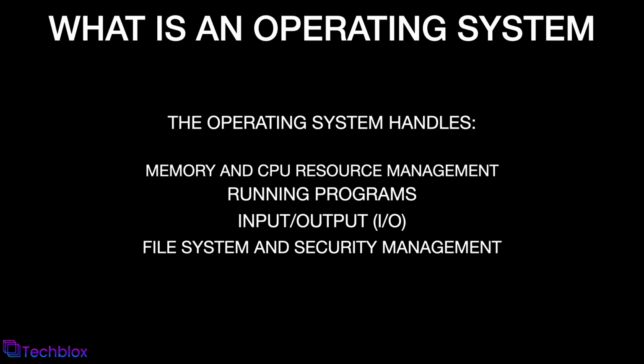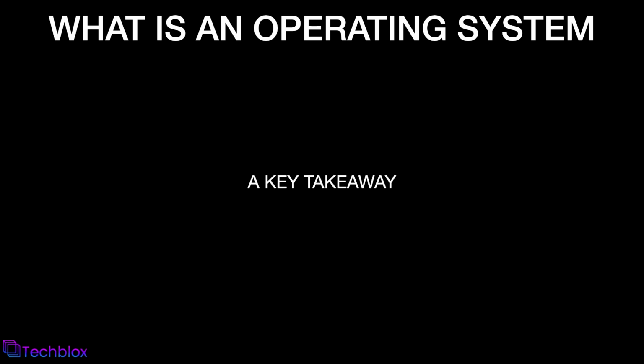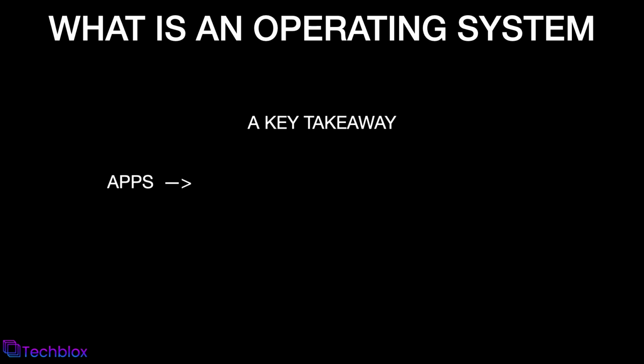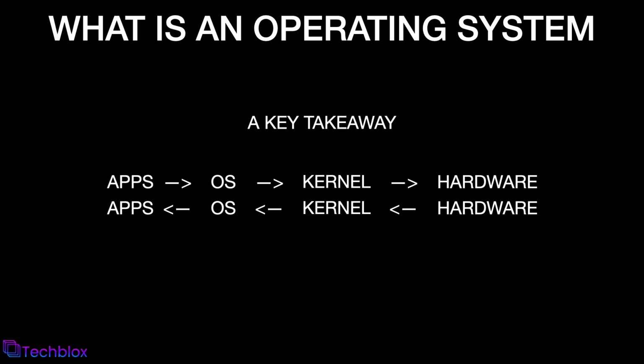It's what decides what runs, when, and how. Now, inside every OS, there is a core component called the kernel. It's like the heart of the system, and we will talk about it next. But before that, here's the key takeaway. Your apps don't talk directly to hardware, they talk to the OS. The OS talks to the kernel, and the kernel talks to the hardware, and that's the world Linux lives in.